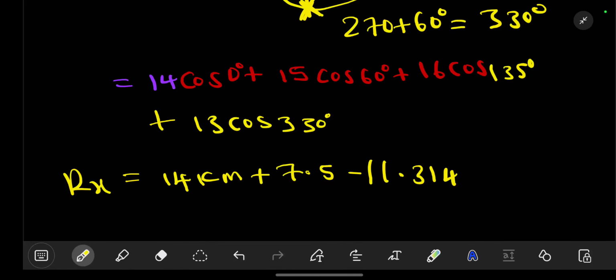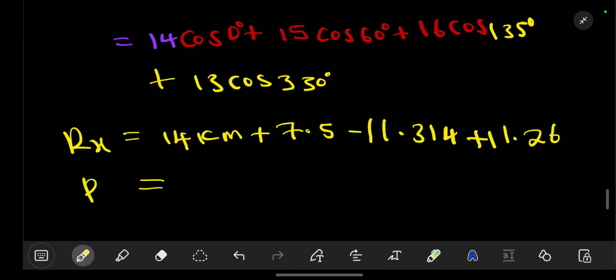Then we have our last but not the least 13 cosine of 330. This is giving us a value of positive 11.26. So our Rx will be equal to, we add our 14 plus 7.5 plus our minus 11.314. Then we have plus our 11.26. This is going to give us a value of 21.446 like that.